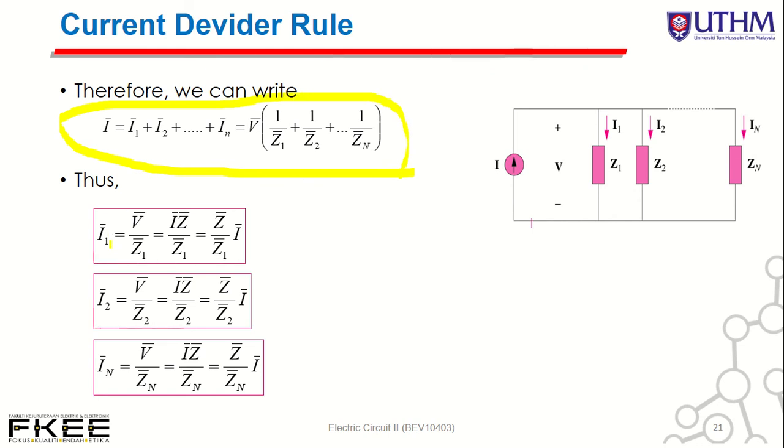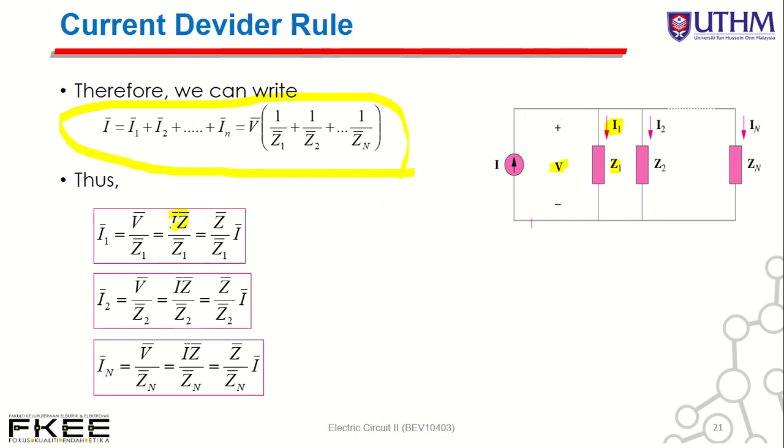We know that I1 equal to V over Z1. Okay, V divided by Z1. So we know that V, what is V?